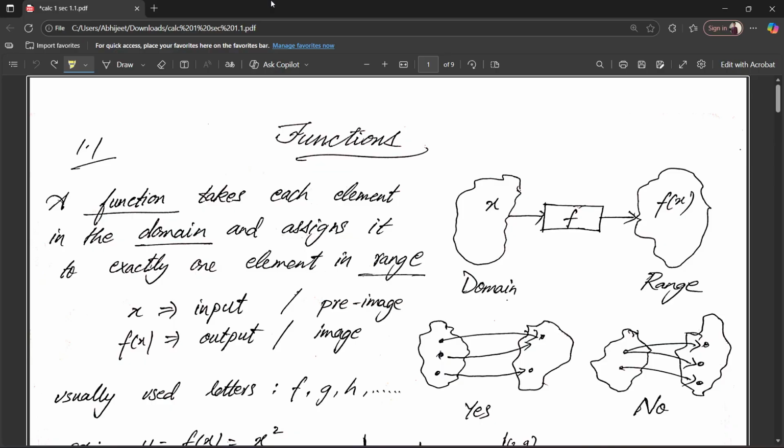The prerequisites for Calc 1 are going to be beginner algebra, factoring, equations, solving quadratic equations, trigonometry, and geometry. Not too advanced, obviously.